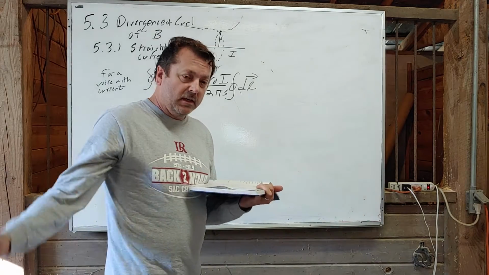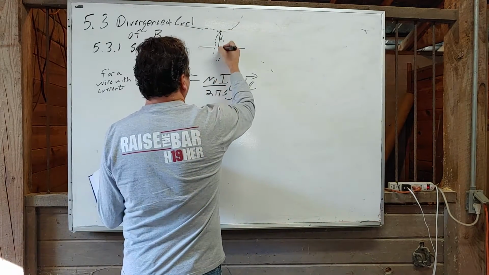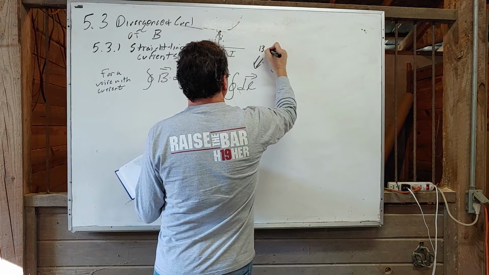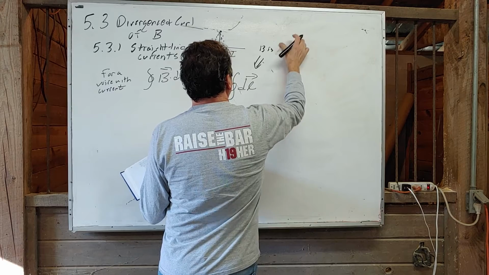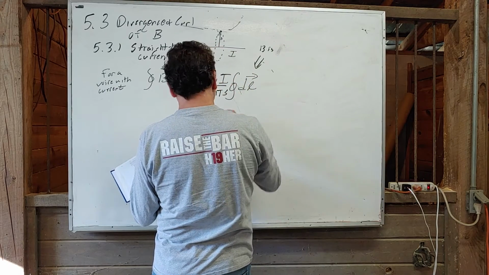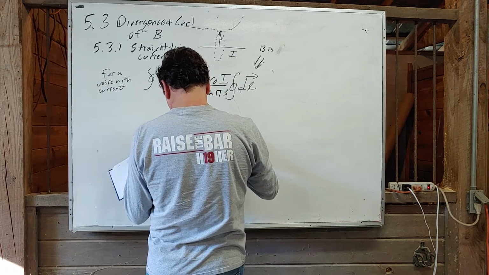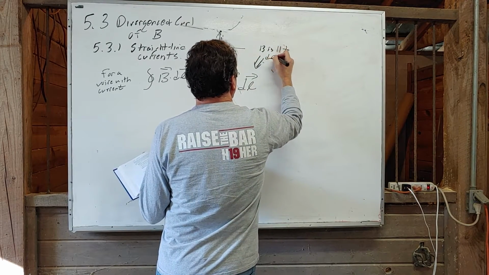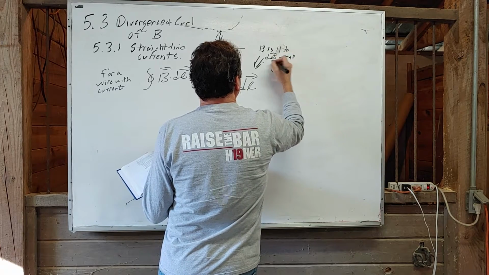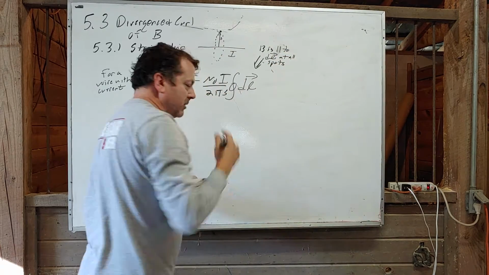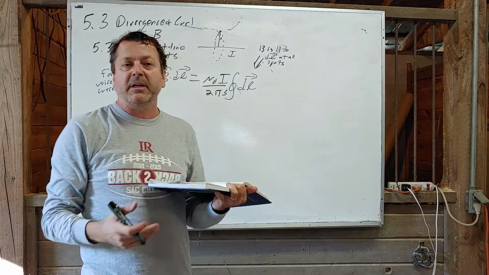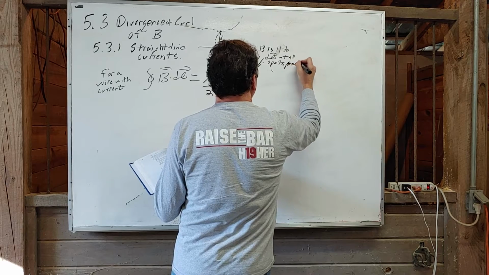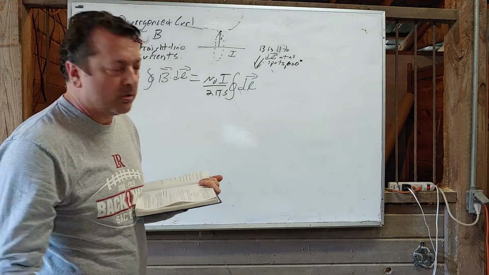It's just going to be, because at all times, the B field goes around, so B is parallel to dl at all spots. So that dot product is just multiplying them together. The angle between them is 0, so theta equals 0 degrees, and the cosine of 0 is just 1.